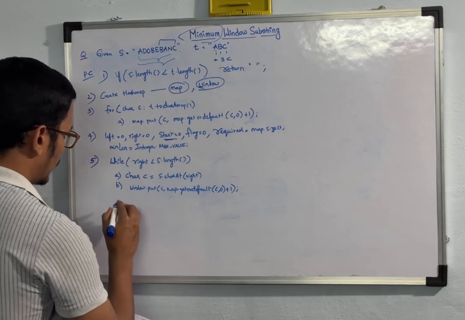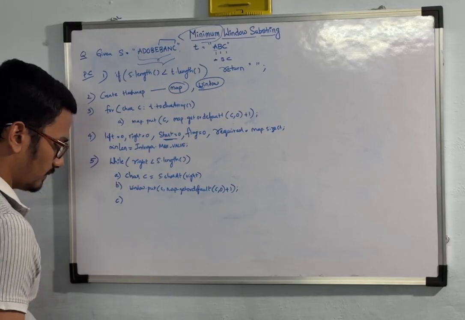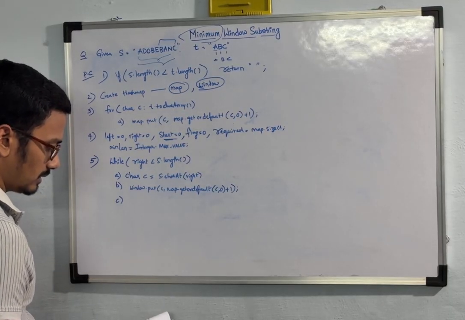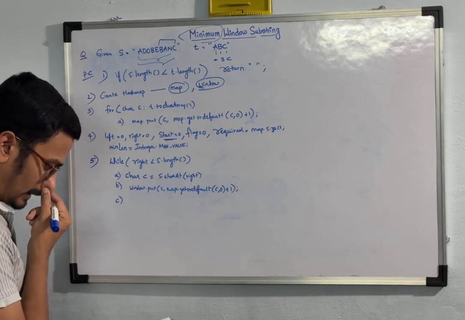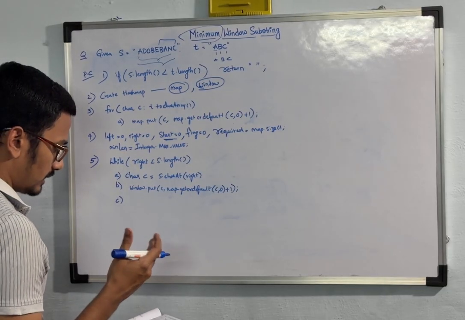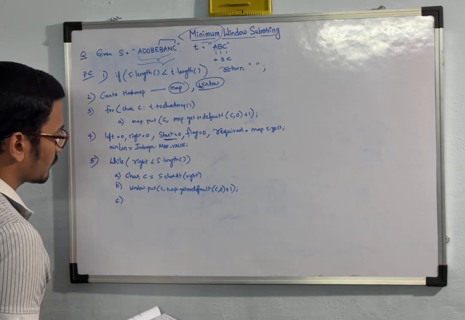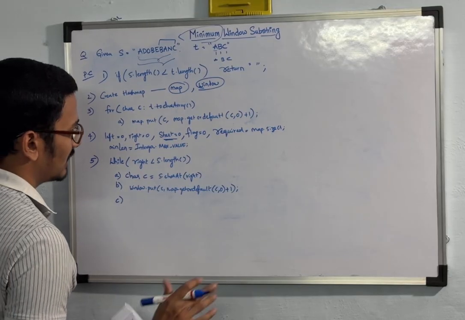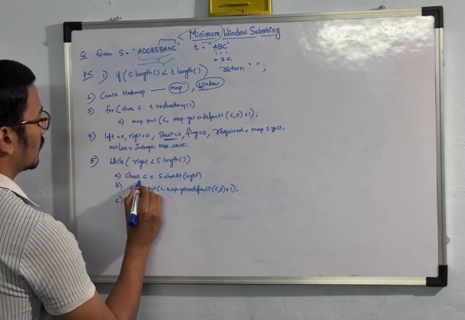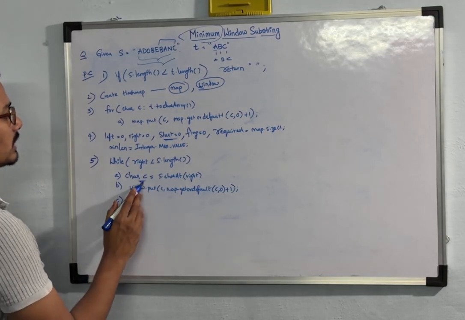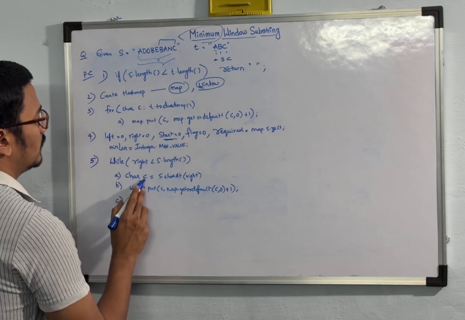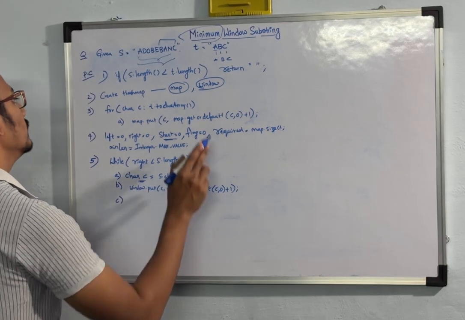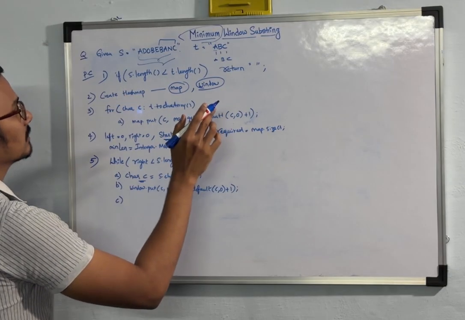So the condition is if map contains c and window.get(c) is equal to map.get(c), means it's very simple. We got this character c, right? We are checking if this c value is already present in map.